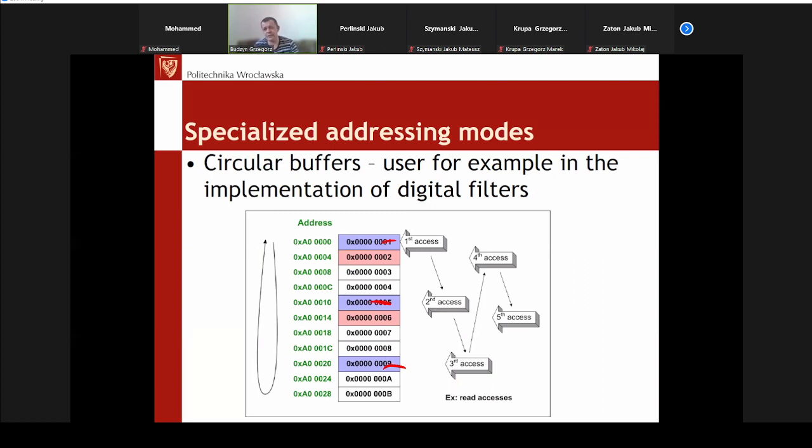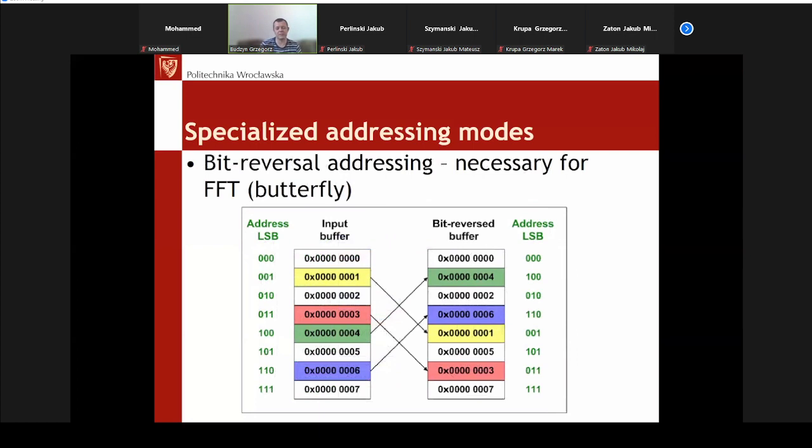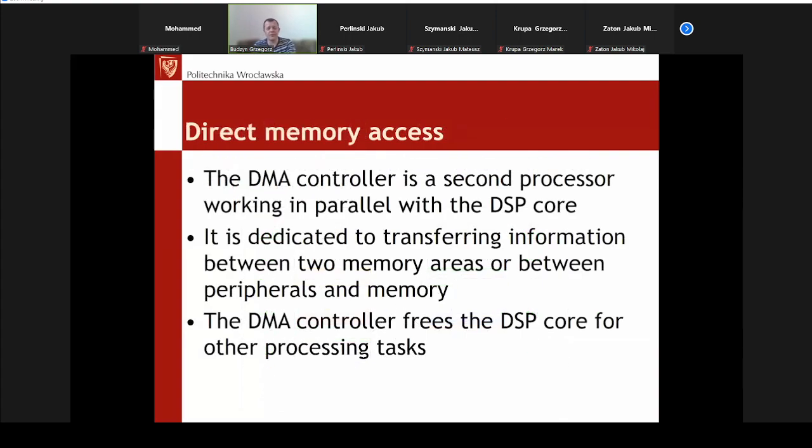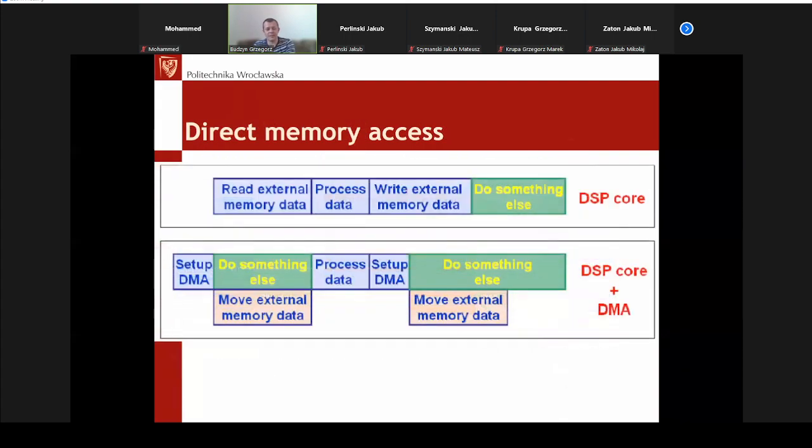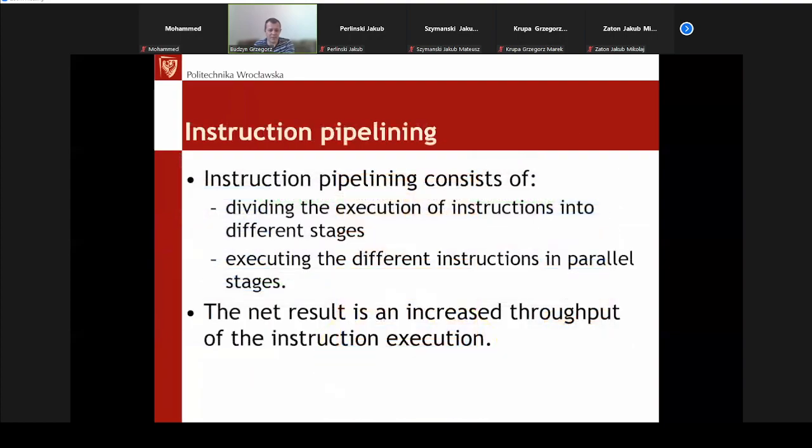Such processors have these modes, and when you have to do the FFT, the difference is really substantial, because instead of calculating this big, special butterfly type addressing necessary for FFT, we simply use the hardware support in this domain and have it delivered in a simple way. So that's a special feature, a very nice one in many situations, in case of signal processing, of course.